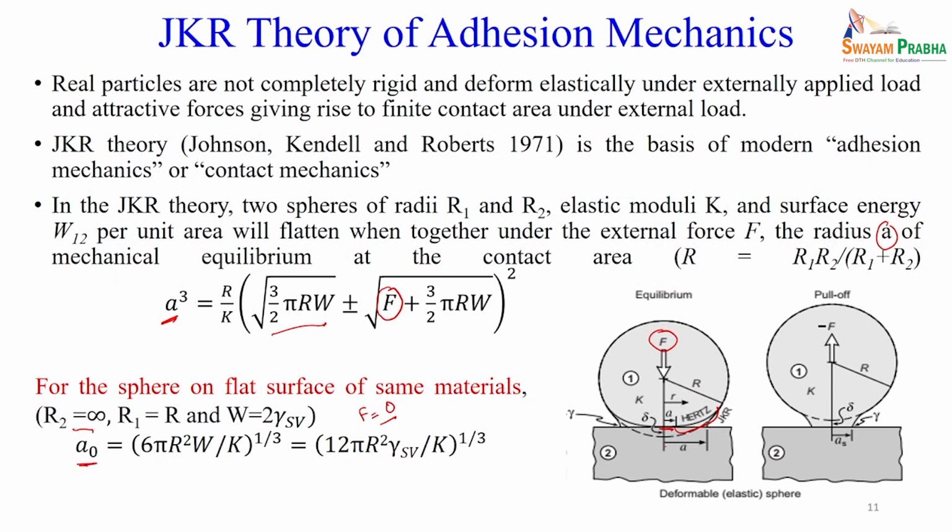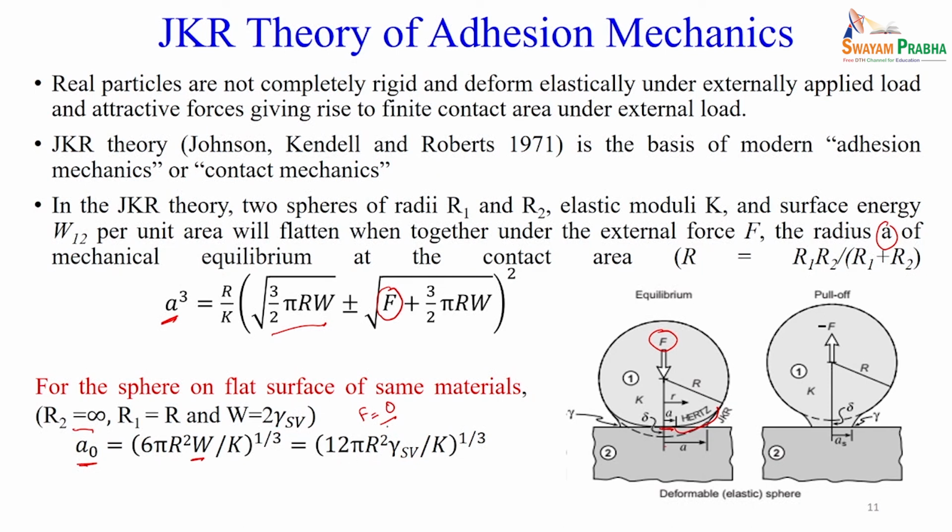If you put F equal to 0, A naught cube will come out to be 6 pi R square W upon K, and W you can replace as twice the gamma solid vapor.